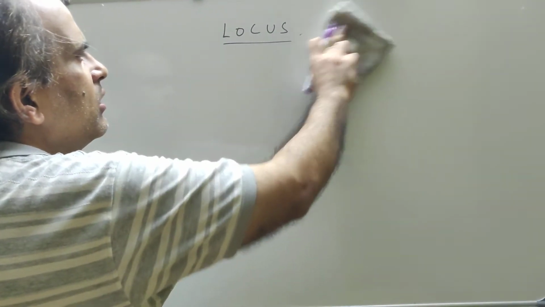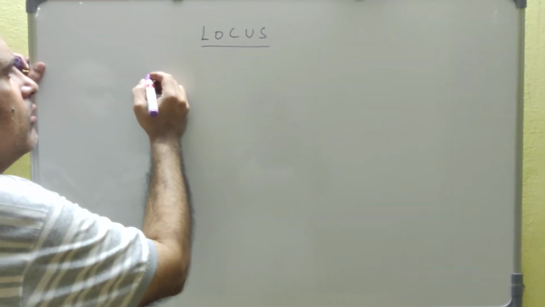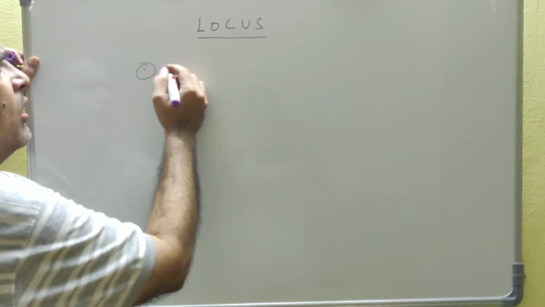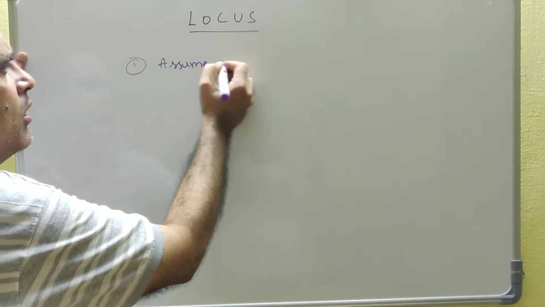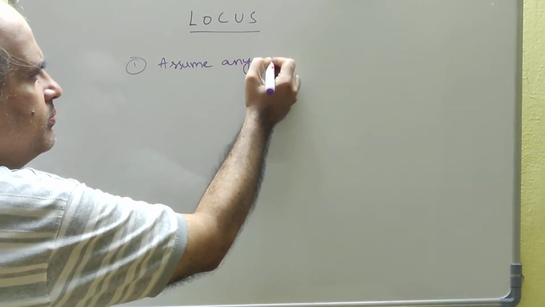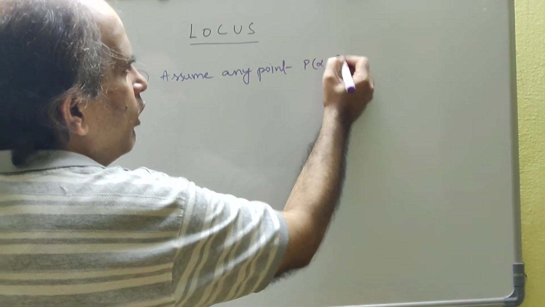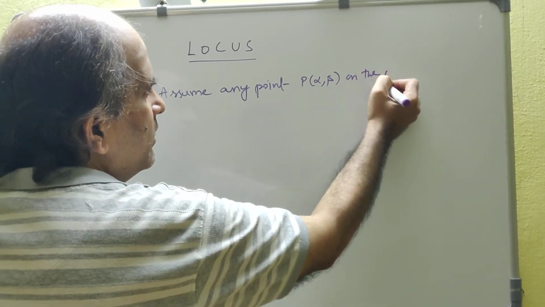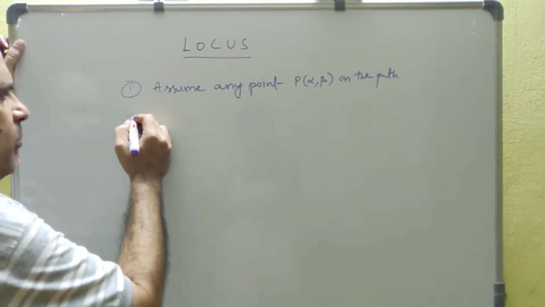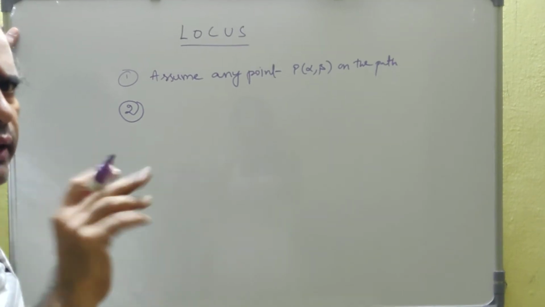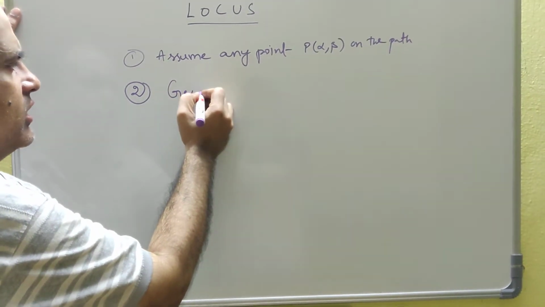Now, locus, what we do is, we assume any point, say P of alpha comma beta, on the path. Then after assuming, from the given problem we write the geometrical condition.